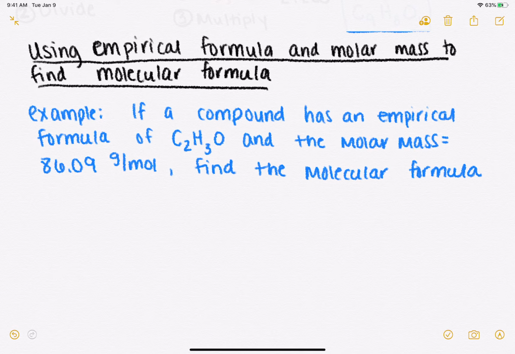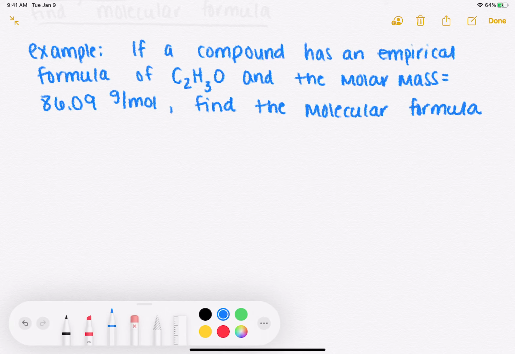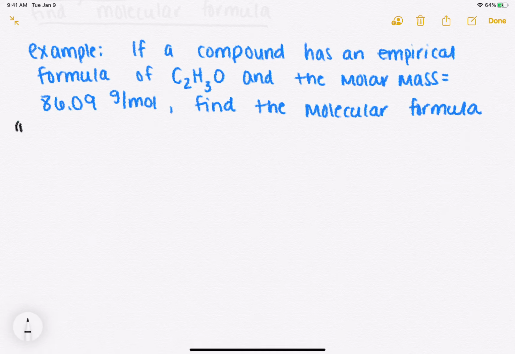And here's our example. If a compound has an empirical formula of C2H3O, and the molar mass is equal to 86.09 grams per mole, find the molecular formula. So the first step here, our first step in this case is going to be to set up a ratio.